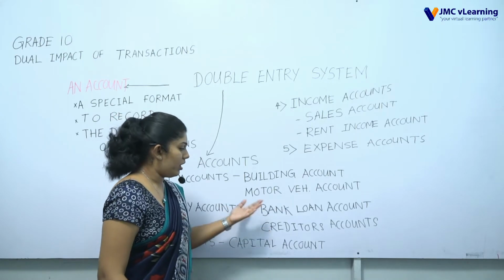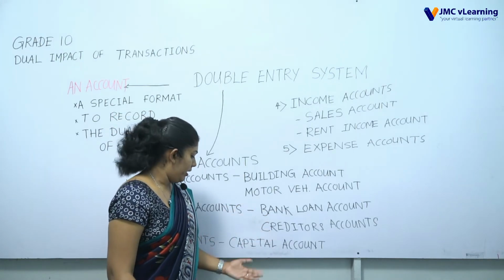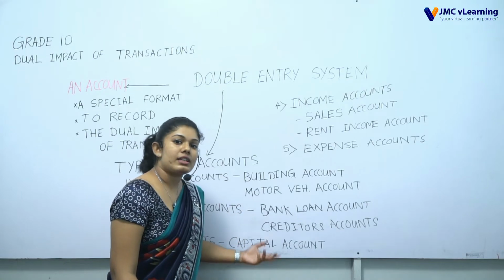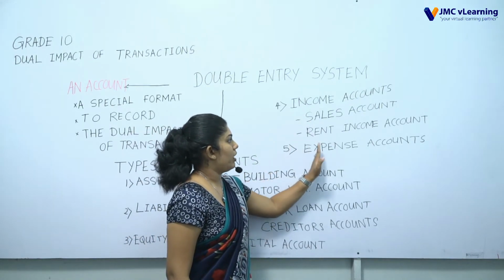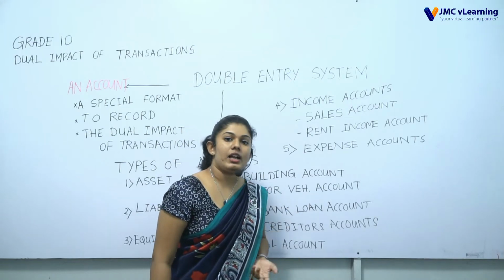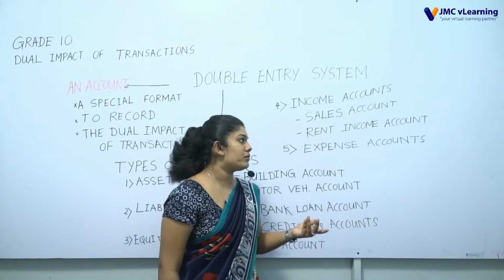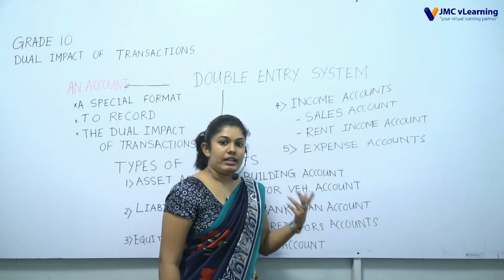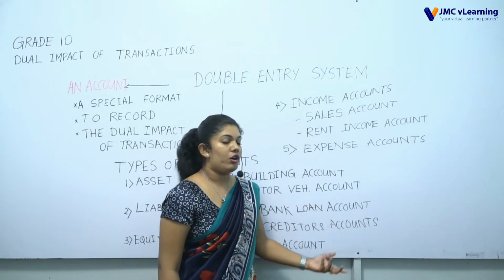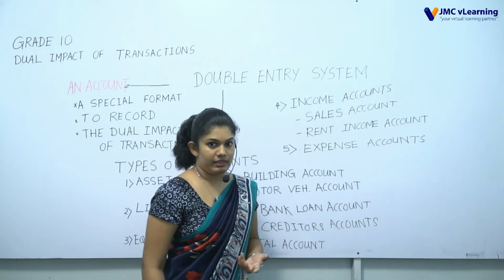Liabilities: bank loan account, creditors account. Capital account and drawings account if you have drawings. Income: sales account, rent income account, interest income account, commission income account. Expenses: advertising account, salary account, telephone bill account, general expenses, like that.